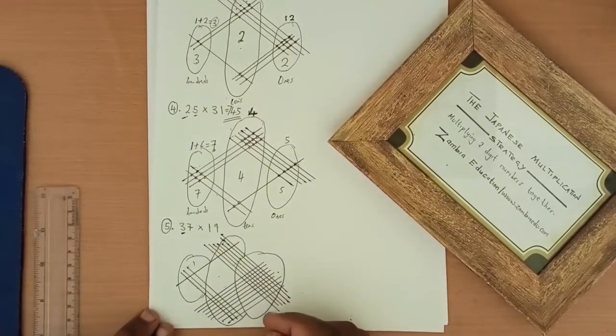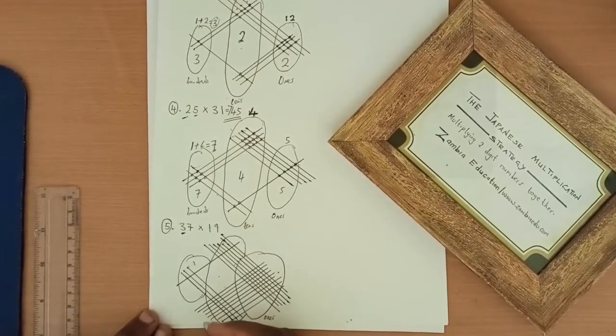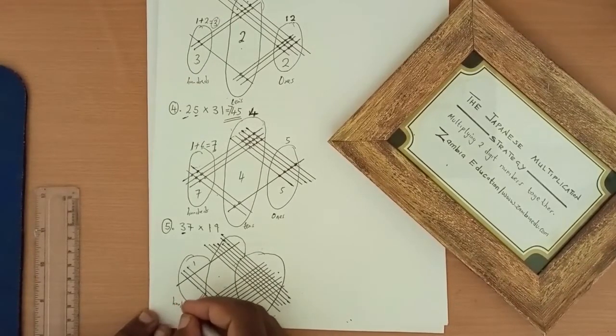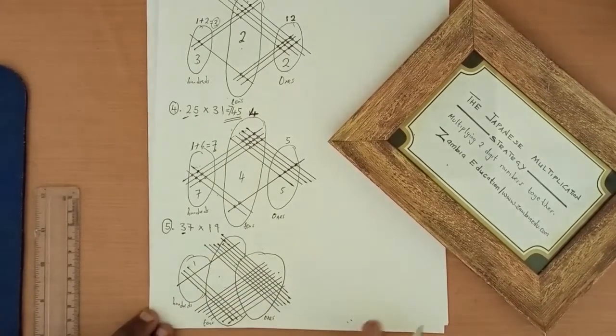So we have our 1s, our 10s, our 100s. Let's add together and see what we get. Let's start with the 1s there.